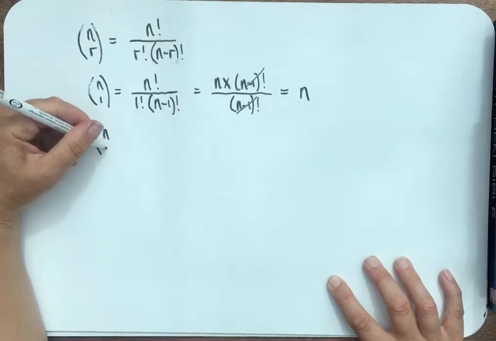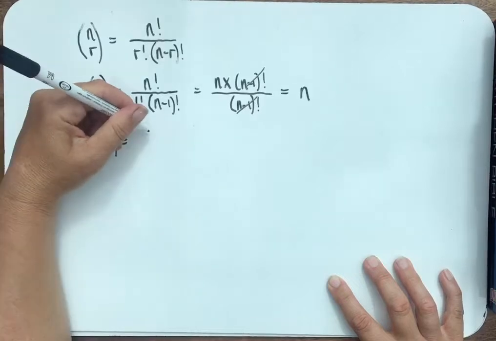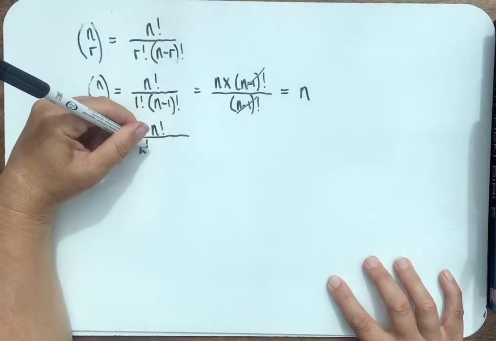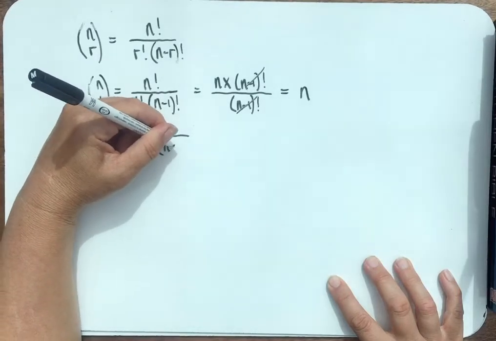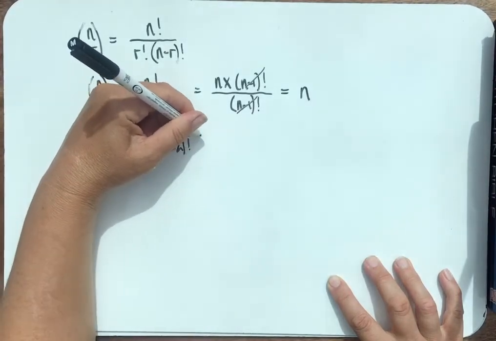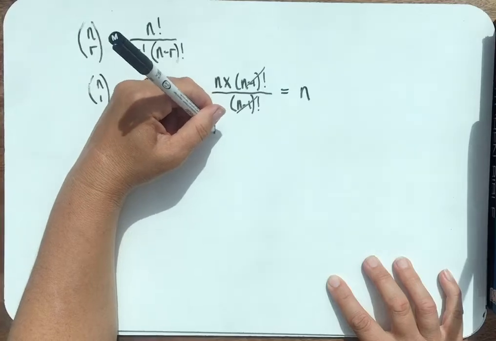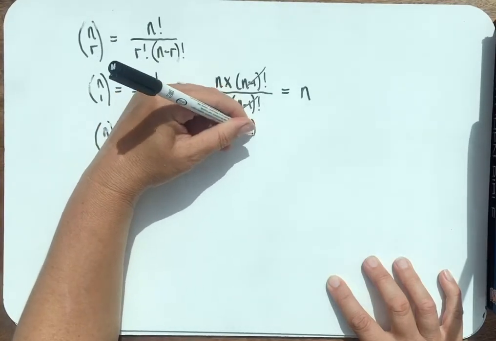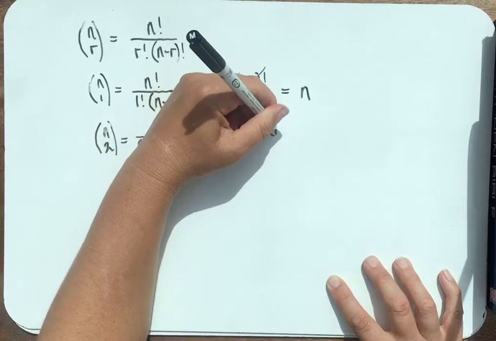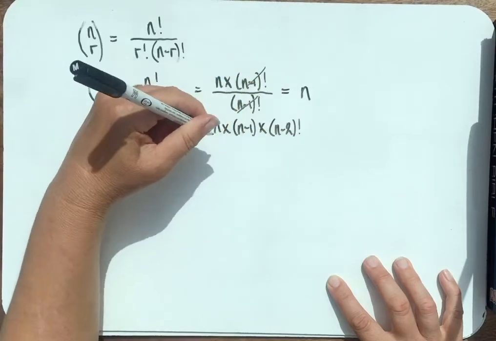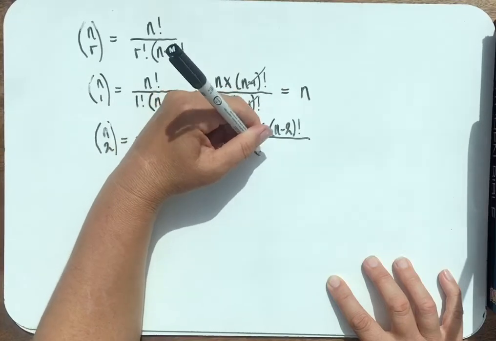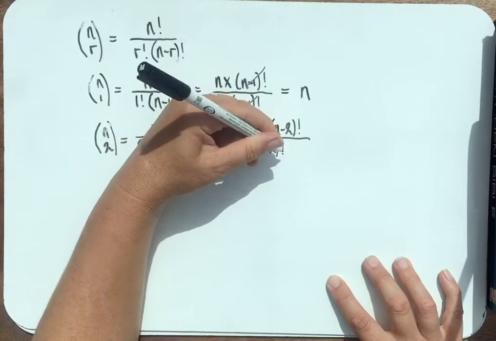Second one, n choose 2, n factorial over 2 factorial, (n minus 2) factorial. The top of this is n times (n minus 1) times (n minus 2) factorial over 2 factorial (n minus 2) factorial.